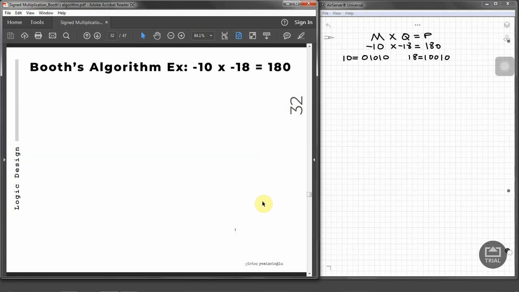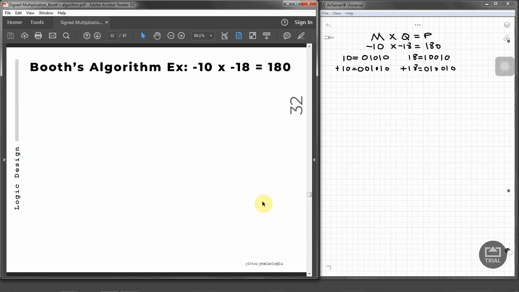Now we have got two 5-bit numbers, and we need to take care of this using the sign bits. So we need to have plus 10, which is equivalent to 0 0 1 0 1 0, and plus 18, which is equivalent to 0 1 0 0 1 0.